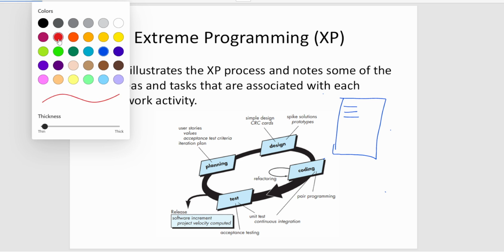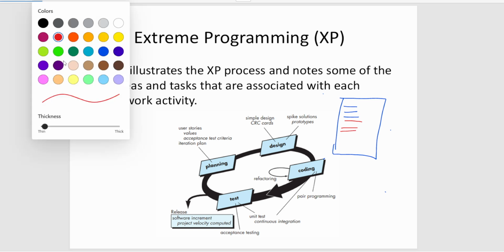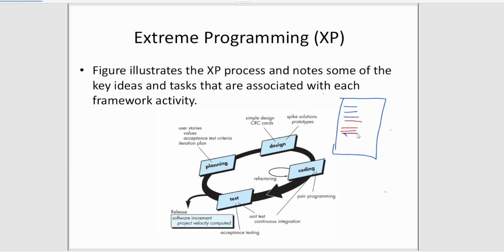I code something here, then I code something new here, then I code something else here, and again something else here. So I keep on writing code as and when it is required. But this is my file. I understand everything. I know everything: where it is written, why it is written, and what purpose this code is going to serve.